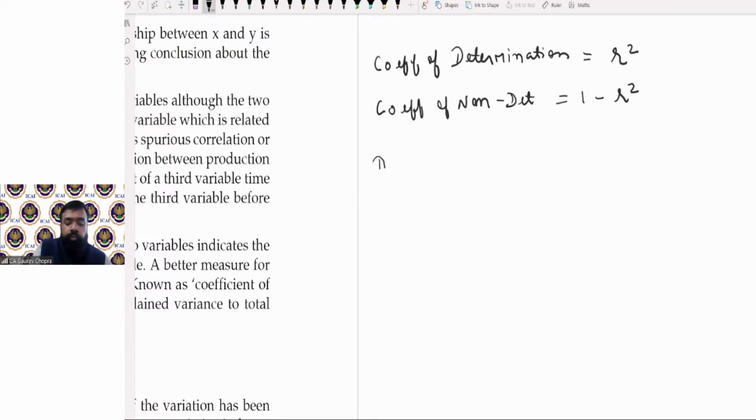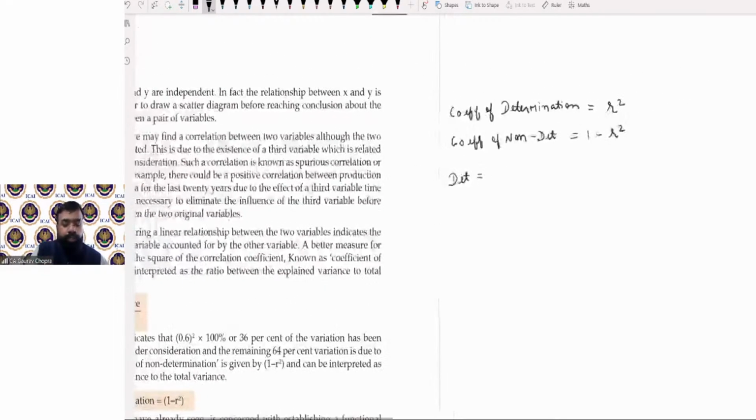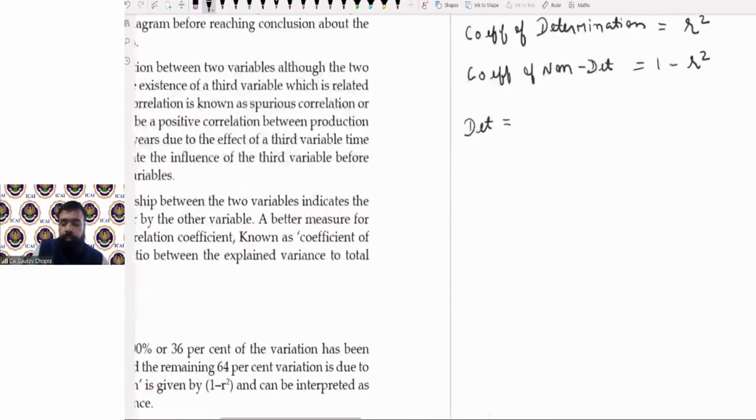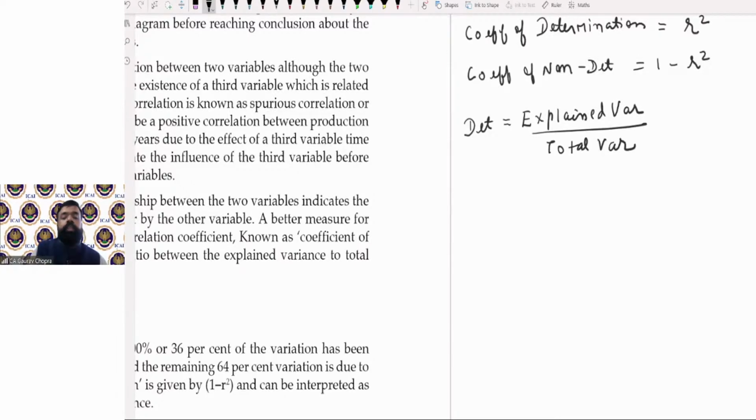So coefficient of determination can also be written as explained variance upon total variance. This is coefficient of determination.